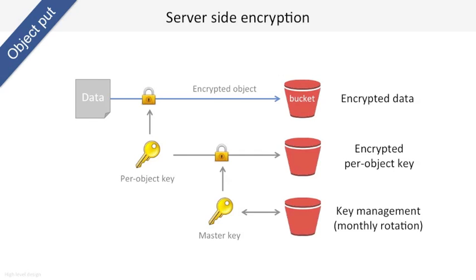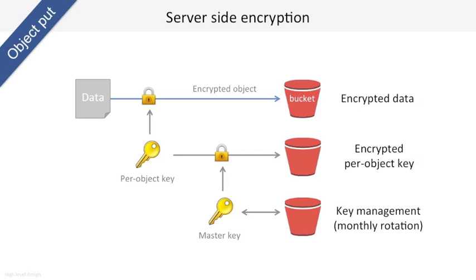That master key is managed by us and rotated monthly. So we'll re-encrypt and cycle those keys for encrypting your keys. You can see here you need your data, you need the object key, and you need the master key to be able to decrypt the data. Now we take care of all of that when you do a get, and we'll pass you back unencrypted data.